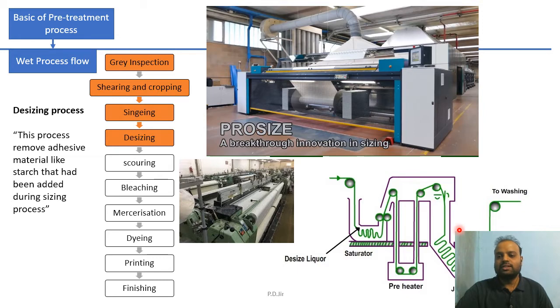Once desizing takes place, the material then passes over the guide roller for washing. So this is a small flow chart or diagram of a desizing machine. Here starch or adhesive materials get removed and the fabric is now free from starch impurities.